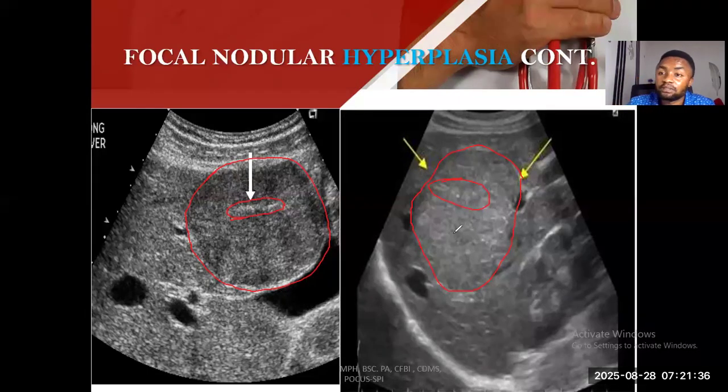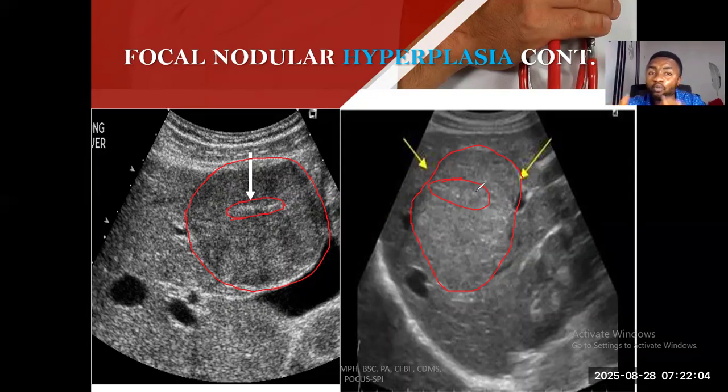Very important. Or else you can also diagnose this. If you see this particular image, you can say it is hepatic adenoma. Nobody will do anything to you. Then your differential, you write FNH. Fine. But remember that hepatic adenoma is uncommon. So it's better you write the common one as your impression and the uncommon one as your differential.